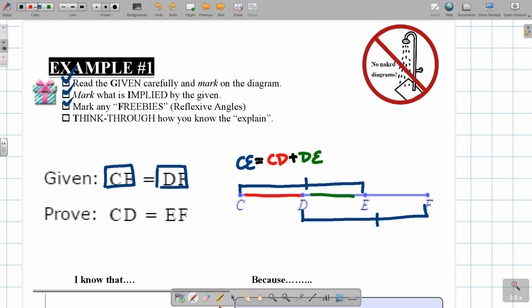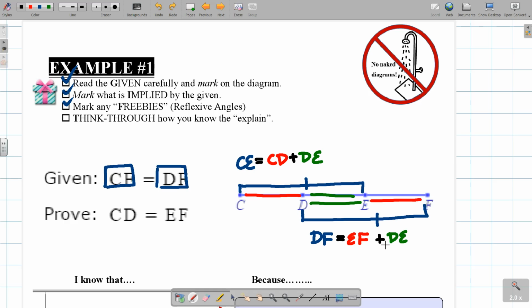So write that down. It's also implied down here that DF is equal to EF plus DE as well. Little segments add up to big segments.